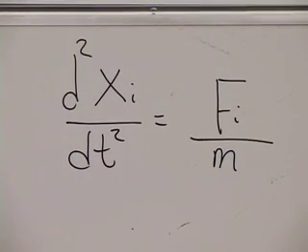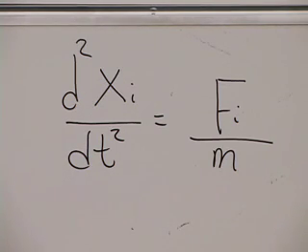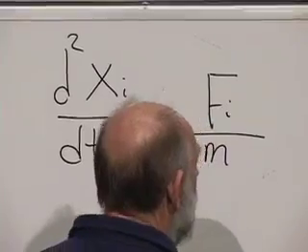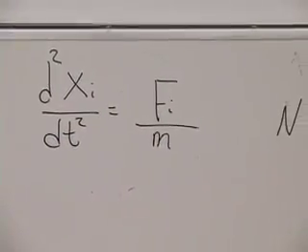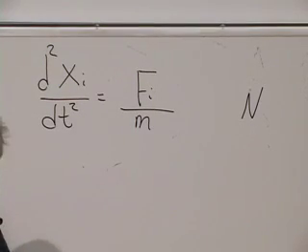I've written acceleration is equal to F over m. I don't know why exactly, I just wanted to write the acceleration on the left-hand side. Let's suppose now that there are n such differential equations. Let's take that and make 2n equations, each of which only contains a first-time derivative.